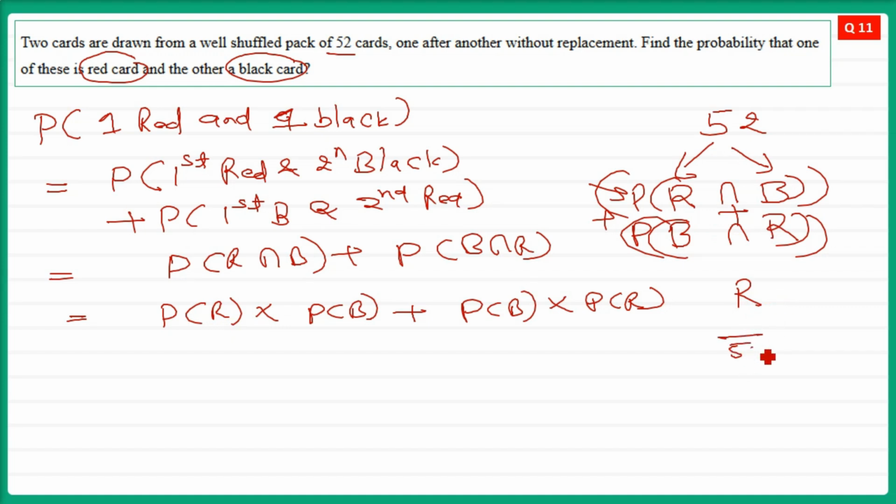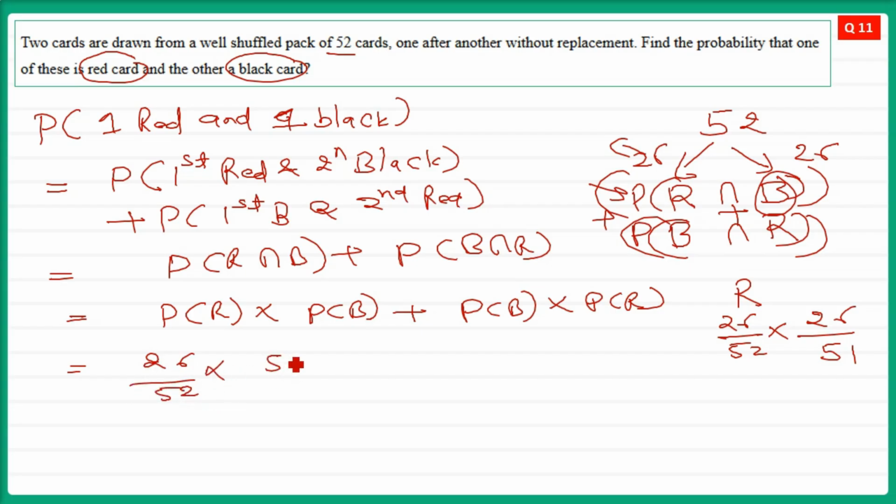So there are 52 cards. First red is coming. There are 26 reds and 26 blacks in a well shuffled 52 cards deck. So first is 26 divided by 52 because the reds are 26 and 52 are total. Now second case, because one has already been taken out, 51 will remain, but there are still 26 black cards, so 26 by 51.